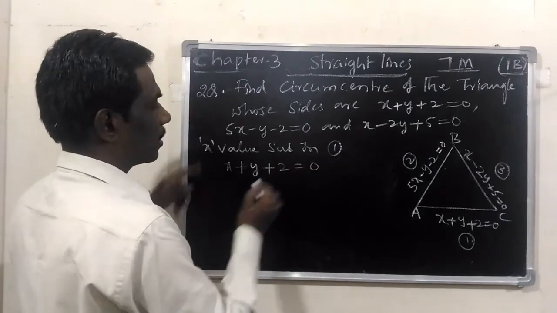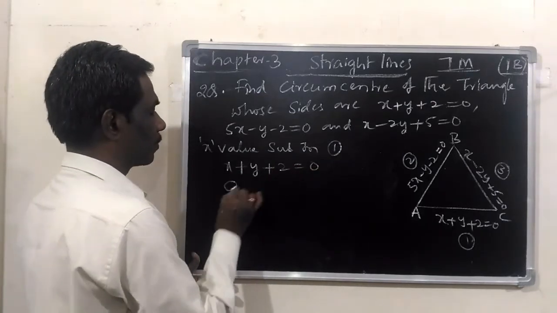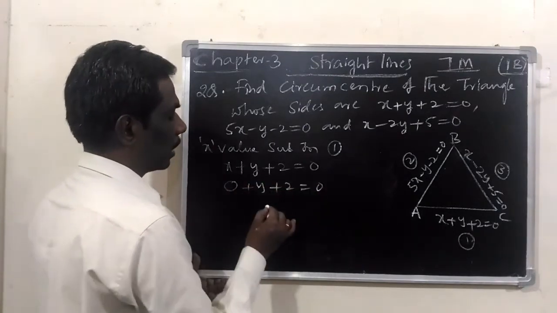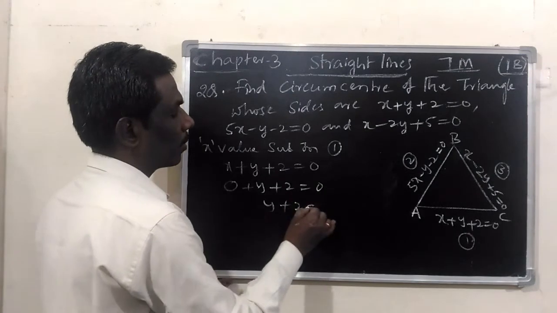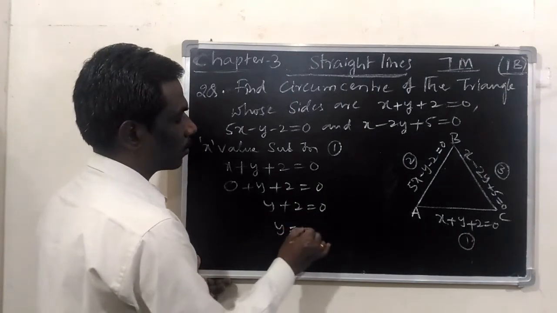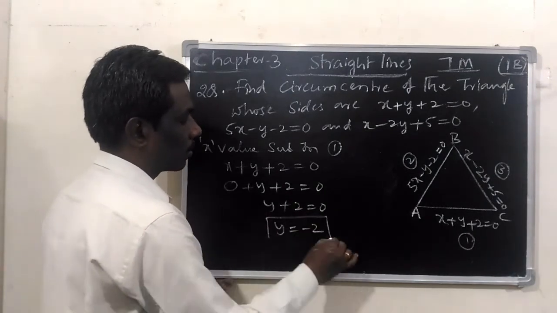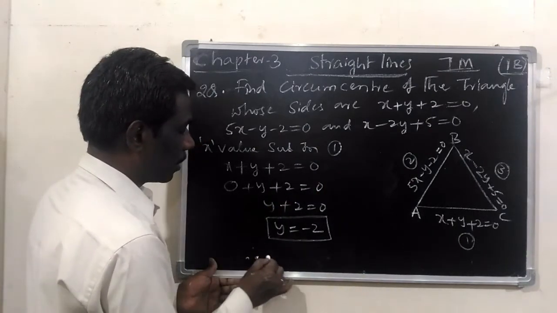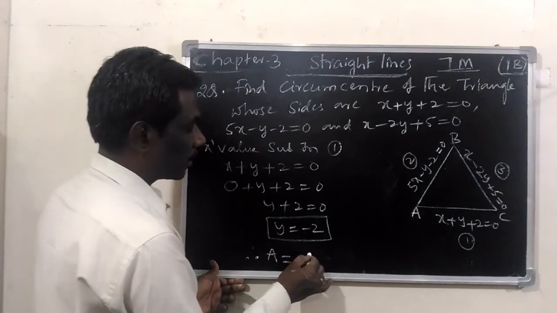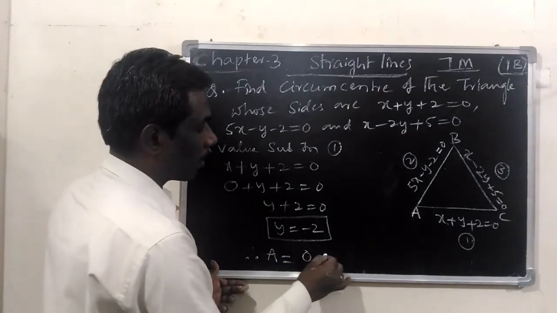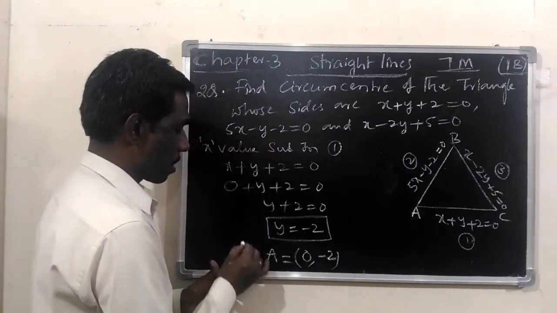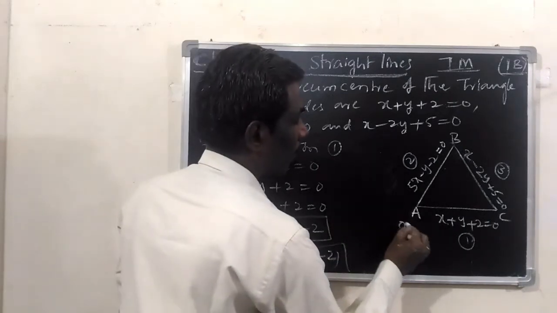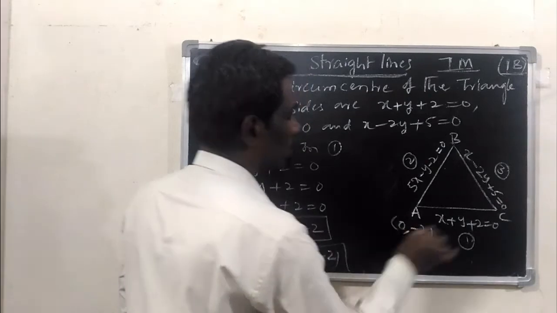In place of x, write 0, so 0 plus y plus 2 equal to 0, and it is y plus 2 equal to 0. Then y is equal to minus 2, as this plus 2 becomes minus 2. Therefore, the A vertex is 0 comma minus 2.